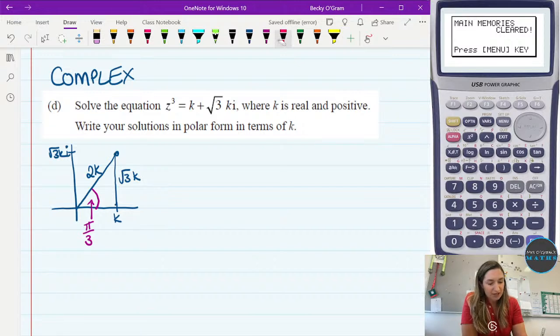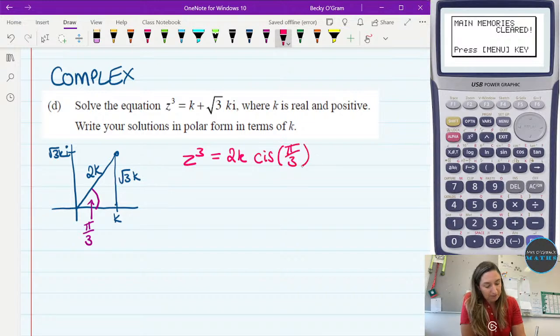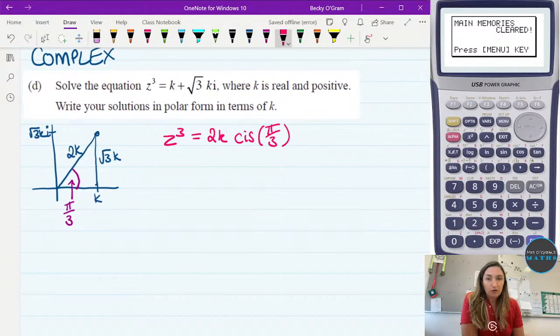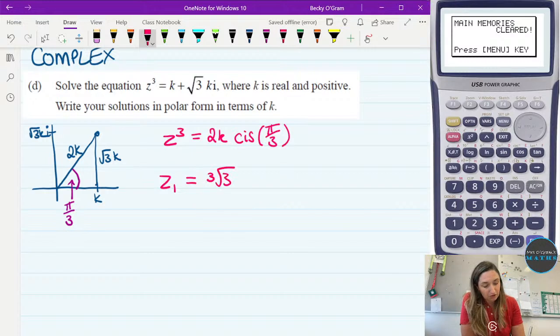Okay, now why does that help us? Now we can write z cubed in polar form, where the modulus is 2k and the argument is pi by 3, like this. Now that's helpful because we can now use de Moivre's theorem. So our first solution to this will be to do the cube root of everything.